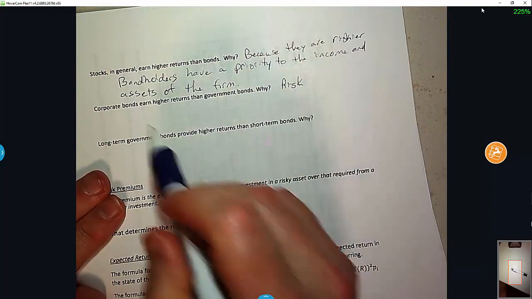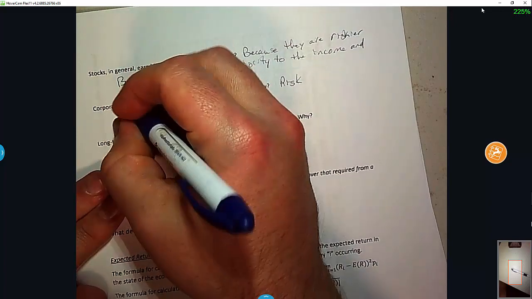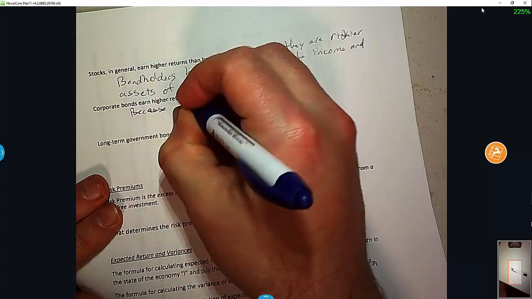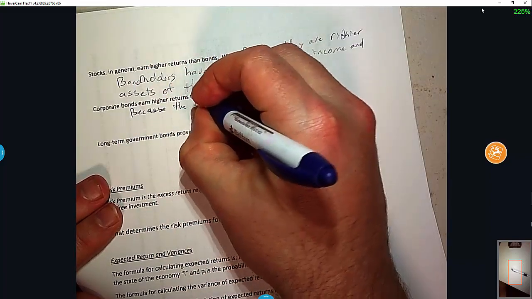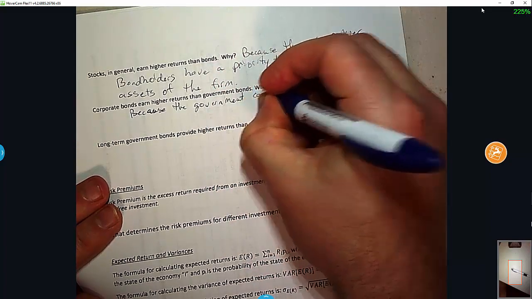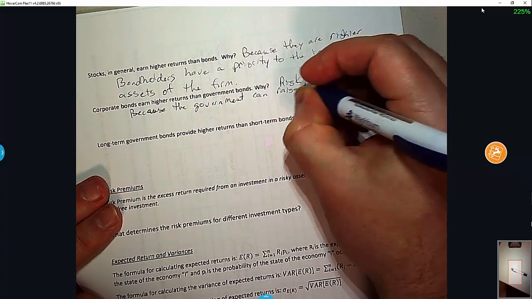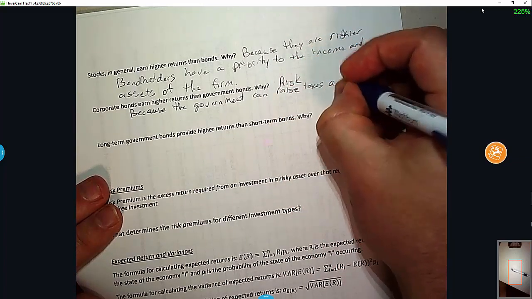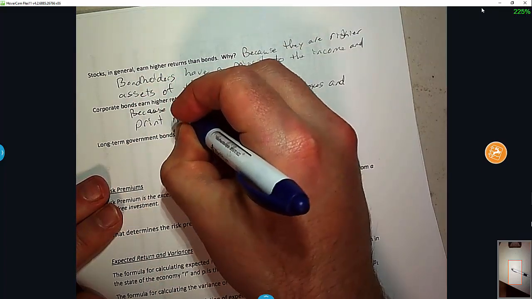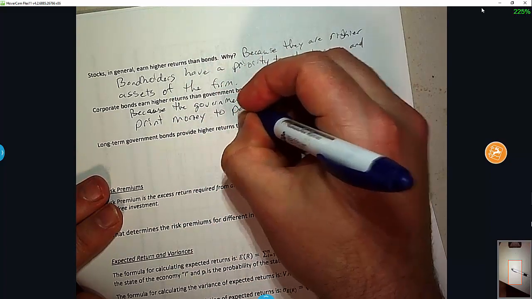But in the United States, corporate bonds are riskier than government bonds because the government can raise taxes and print money to pay its debts.